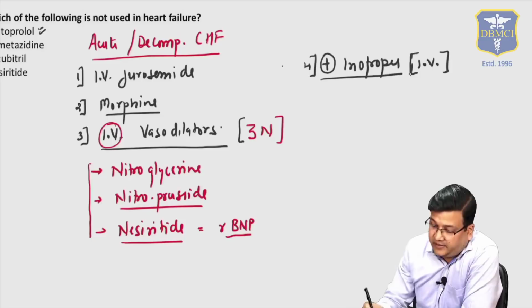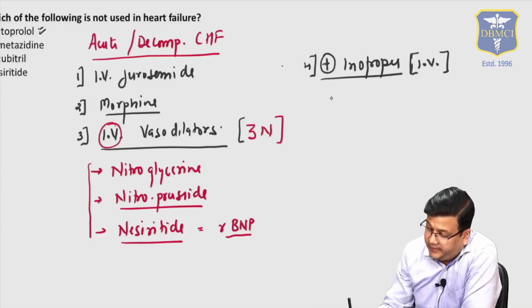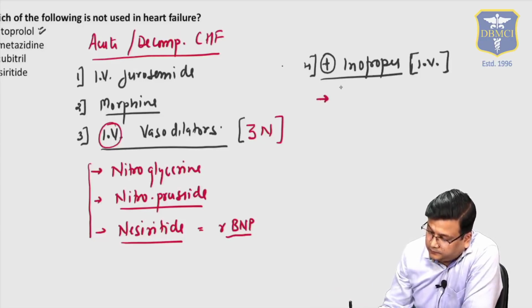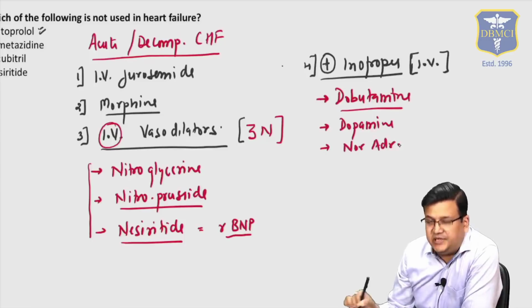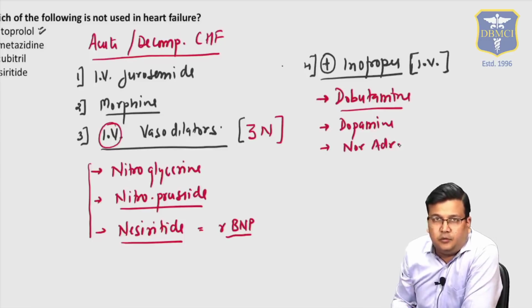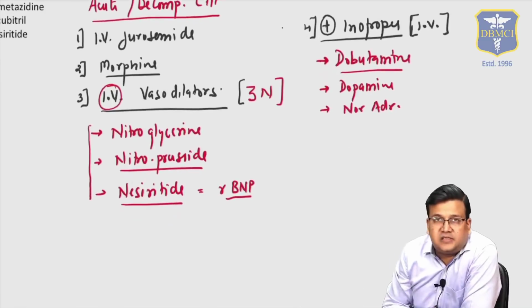Now which drugs should come to our mind? We have dobutamine, dopamine, and the third one is noradrenaline. So these three catecholamines, which we know are given only intravenously, are given as positive inotropes.